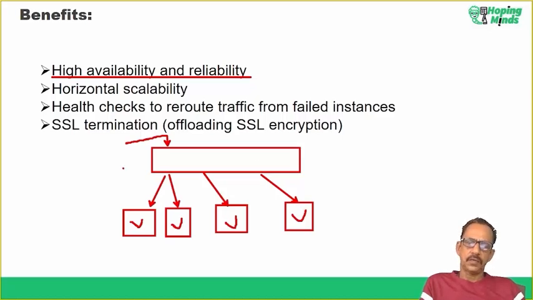For reliability, naturally, if one of the servers goes down, other servers are still available to reply to the client. In this way, the main benefits are availability and reliability.